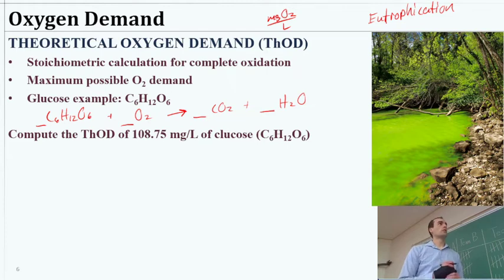For a simple hydrocarbon like that, that's got carbon and hydrogen and maybe some oxygens, you should be able to do that, and you should know that what we're doing is adding oxygen, creating carbon dioxide and water.